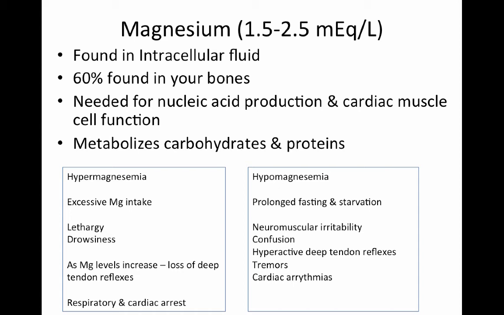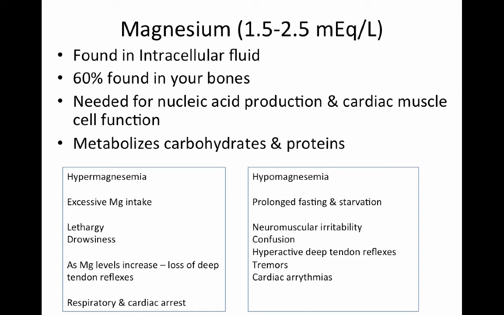So hypermagnesemia, when you have too much magnesium in your bloodstream, occurs in patients with renal failure who take in excessive magnesium. You see this occasionally in patients who ingest too much Maalox or milk of magnesia. Those medications we take for heartburn, which are very common, are magnesium based.